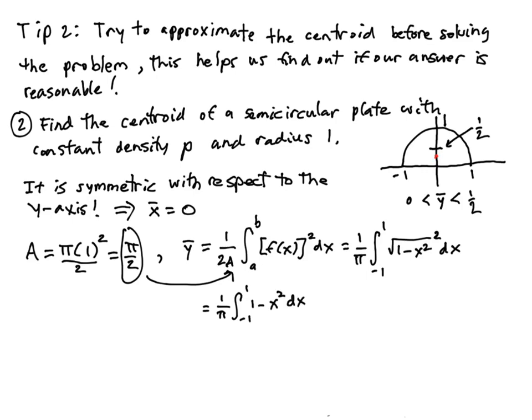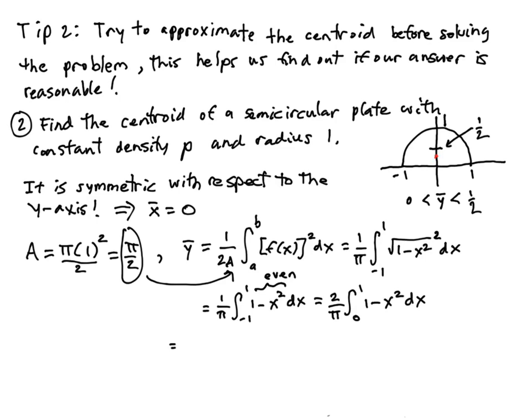Now notice too that this is an even function, so I can use a trick of symmetry from calculus 1. Instead of going from -1 to 1, I can double it and go from 0 to 1 of 1 minus x squared dx. So what would that antiderivative be?